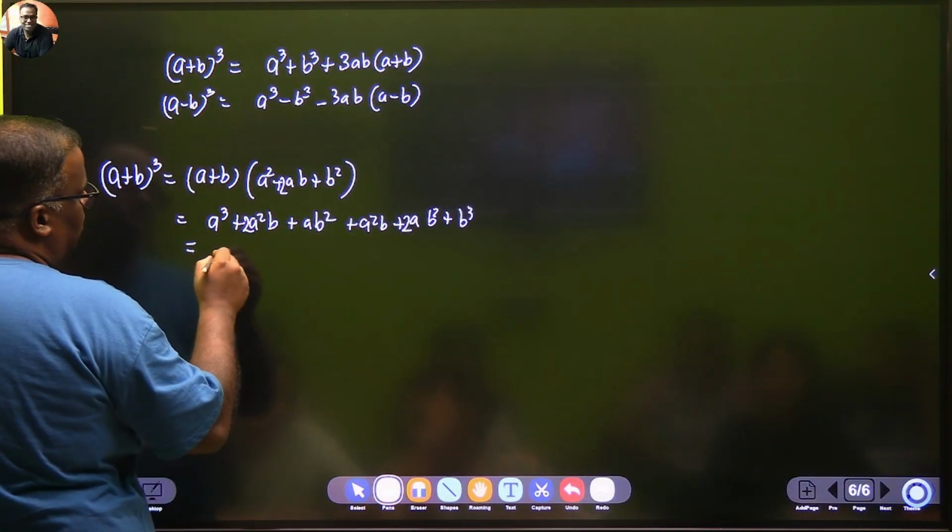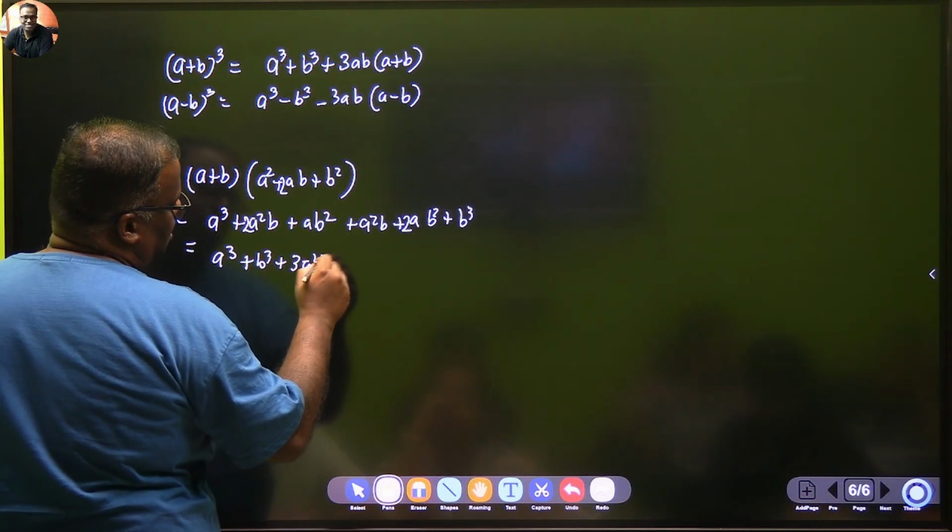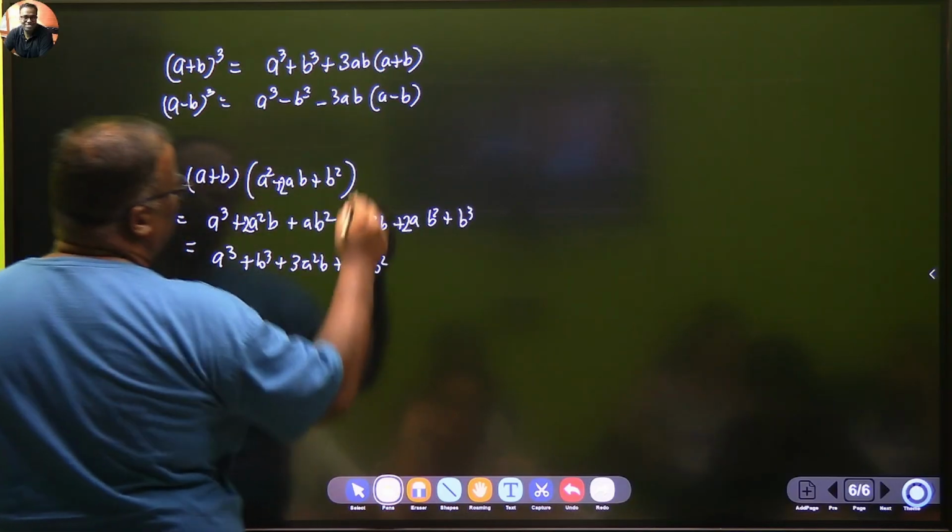We get a cube plus b cube plus 3a square b plus 3ab square. If you want, you can note it down.